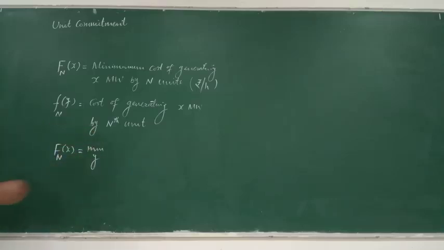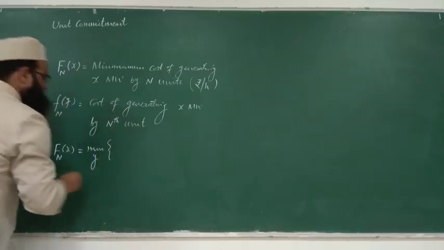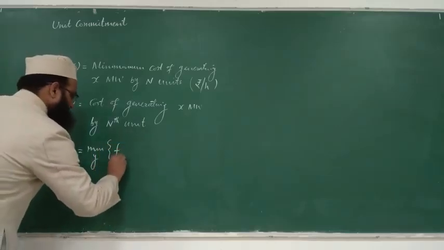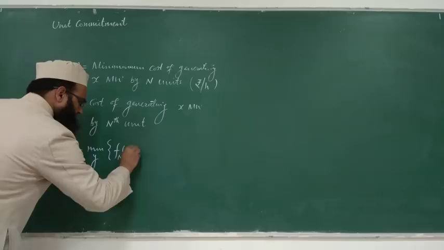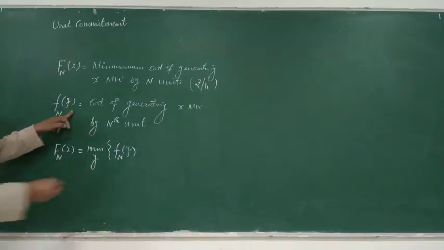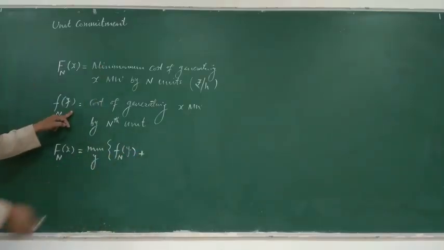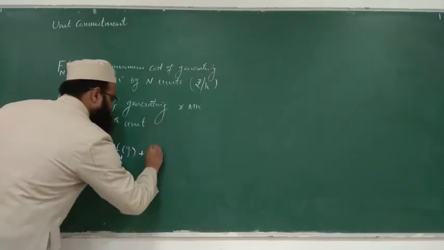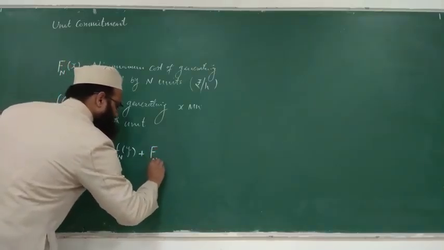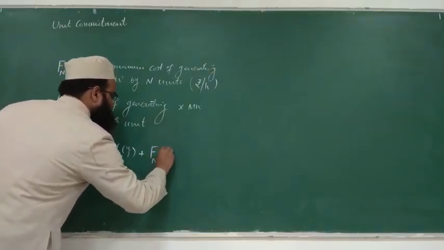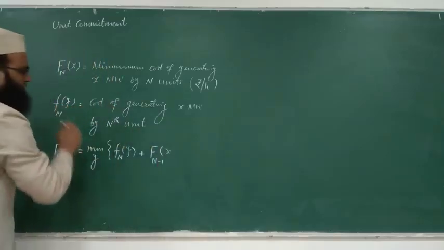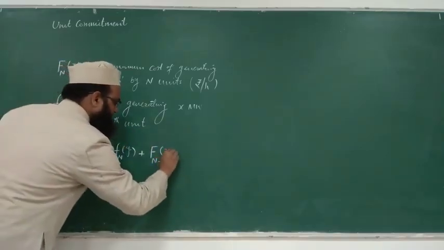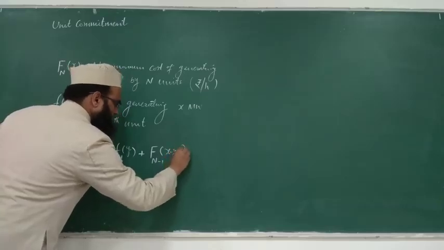Okay, we will see details. So first write this: f_n(y), now you know what is f_n(y), plus if y is being generated by the nth unit, the remaining will be generated by n minus 1 units, and the remaining generation will be, this is x, this is y, so this will be x minus y.